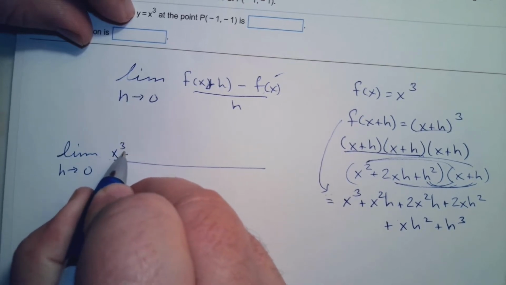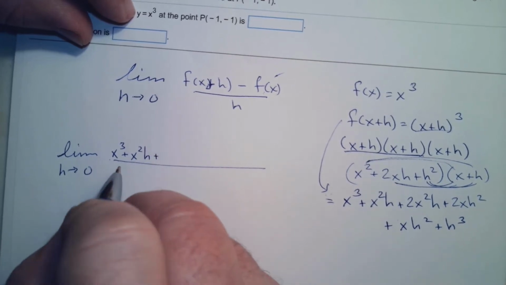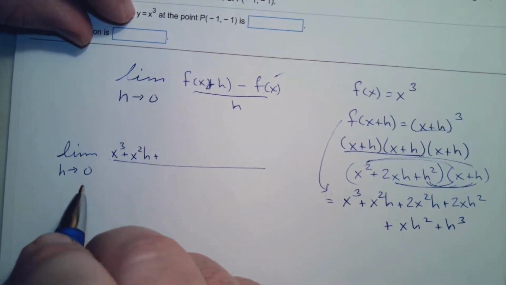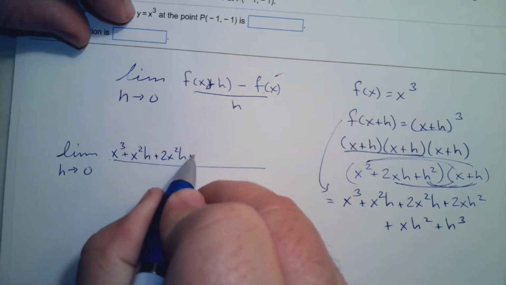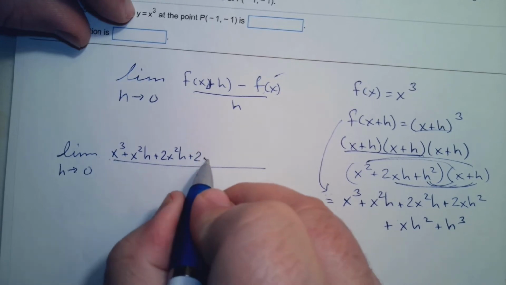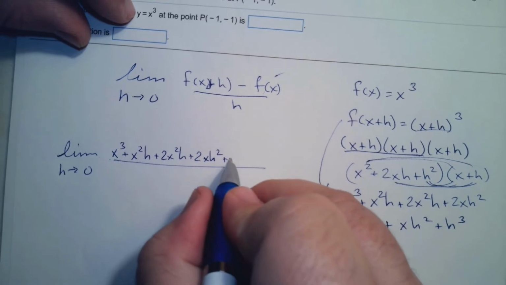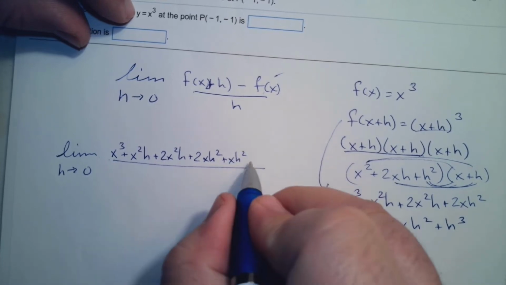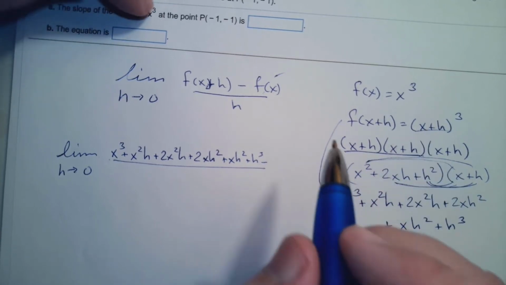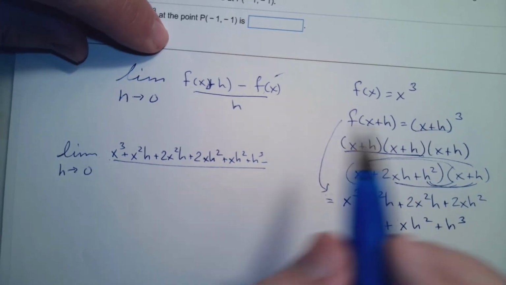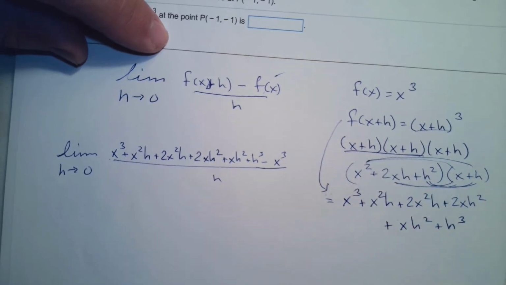X cubed plus x squared h plus 2x squared h plus 2xh squared plus xh squared plus h cubed minus our function x cubed all over h.